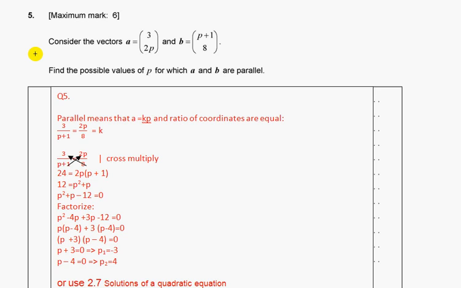Question 5. Consider the vectors. Find the possible values for p for which a and b are parallel. So if a and b are parallel, then a equals k times b.